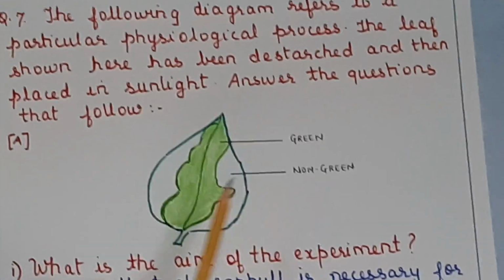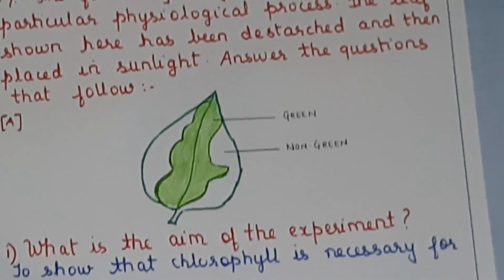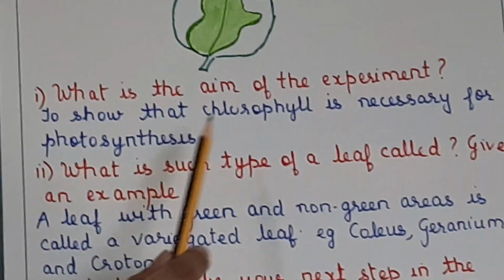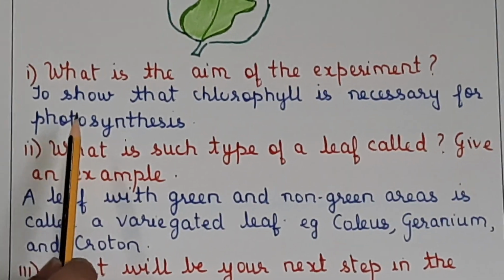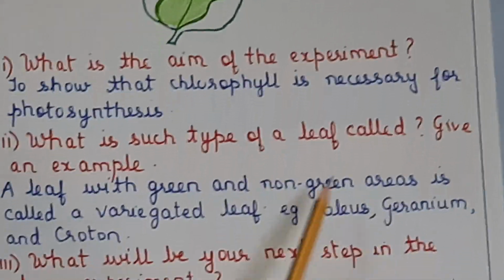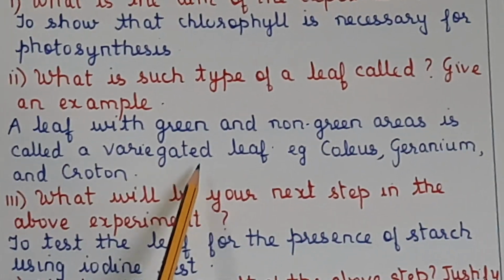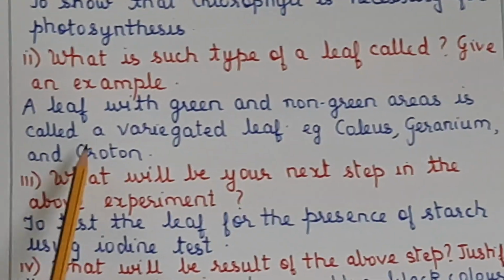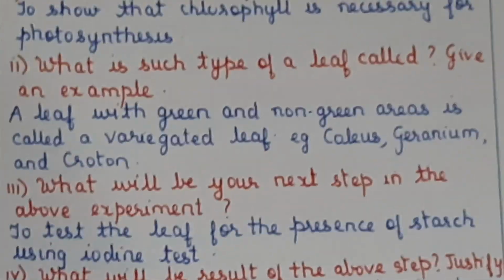Then you have to answer the questions related to that. So the aim of the experiment is to show that chlorophyll is necessary for photosynthesis. Now what is such a type of leaf called? A leaf with green and non-green areas is called a variegated leaf, and examples are Coleus, Geranium and Croton. These are the 3 examples, any one you can remember.